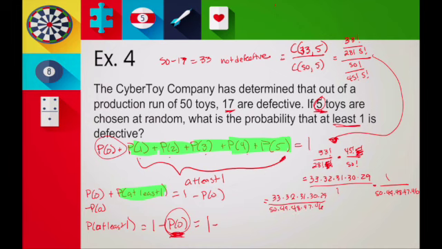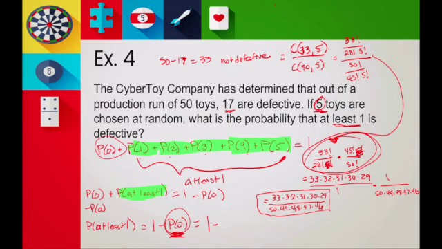At this point, you can put this into your calculator. If you try and put this into your calculator, it may have some difficulties dealing with big numbers like 50 factorial. And so if it can't calculate 50 factorial, it might give you an error. So that's why, if we can simplify our factorials down to something like this, then we can put this in our calculator and see what we get.